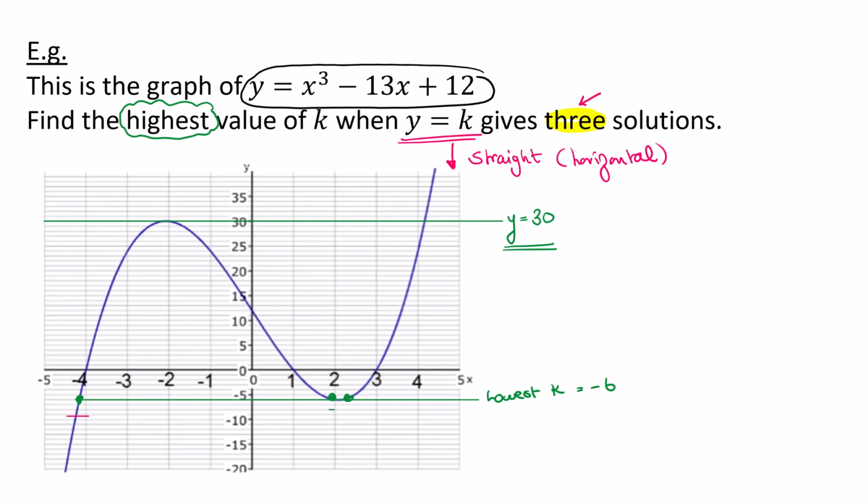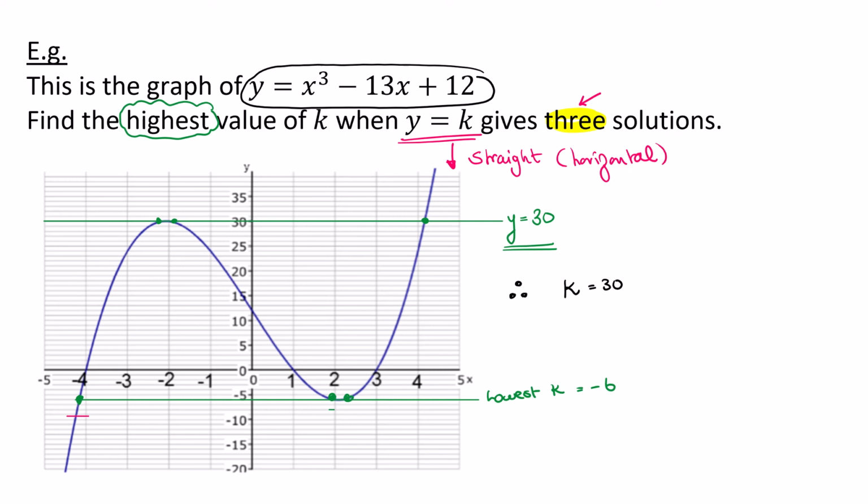And that's the highest point where the graph cuts in 3 different places. It cuts here, cuts there, and it cuts there. So the turning point, there are 2 places where it cuts. Therefore, that's what the 3 dots mean. K equals 30. That's the highest value of k that gives 3 solutions.